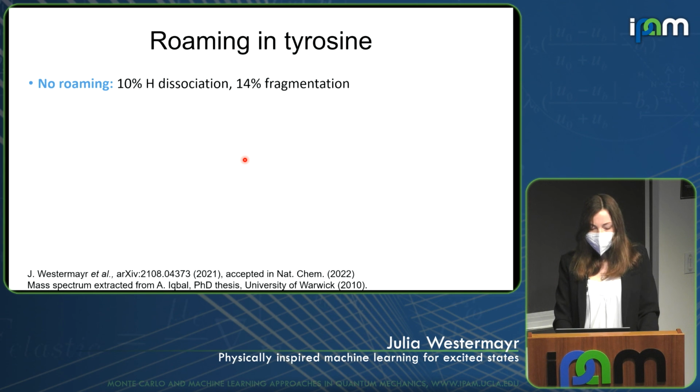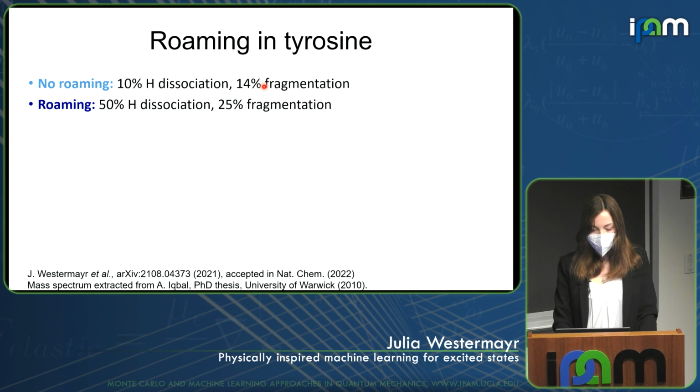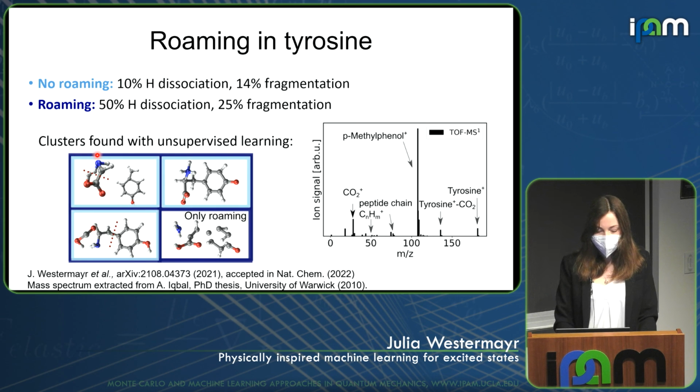So what we found was that in non-roaming trajectories, we had 10% dissociation, 14% fragmentation, and in roaming, we had 50% dissociation and 1/4 fragmentation. So there is a big difference. And cluster analysis showed us some representatives that we found in both trajectories. So here, these 3 boxes show roaming and non-roaming.